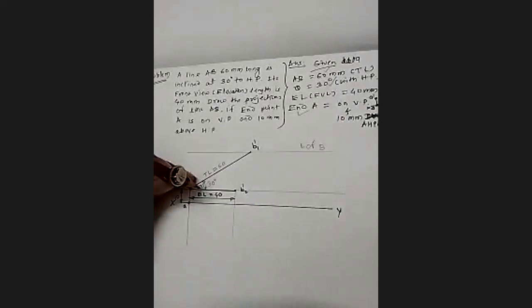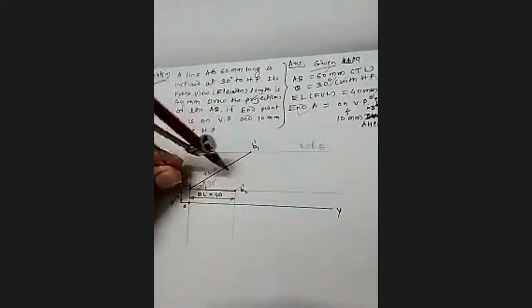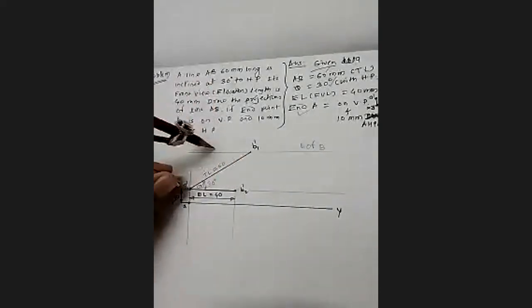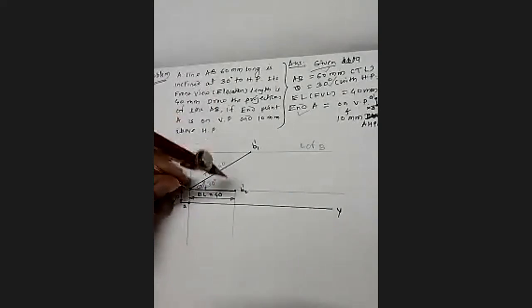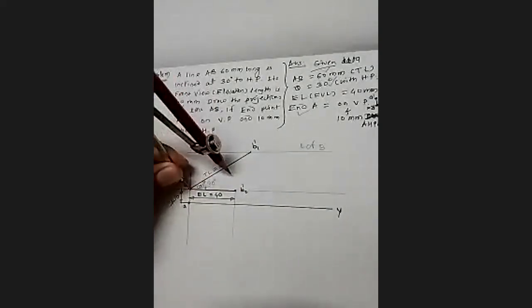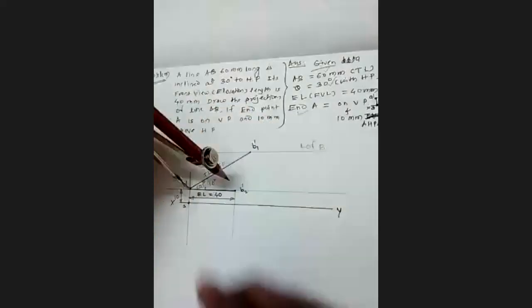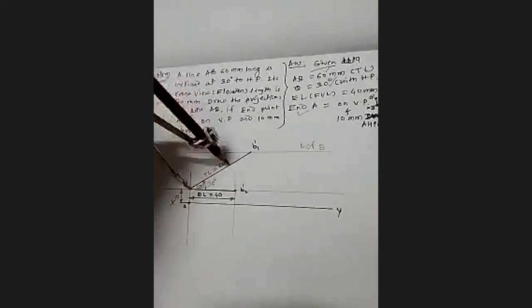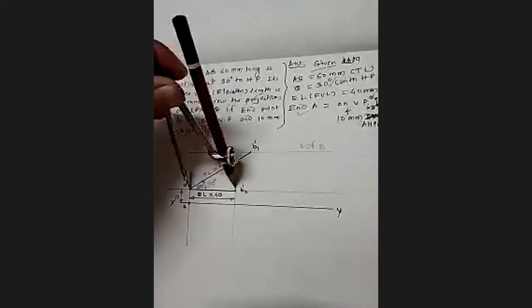Can we rotate this EL? Yes. Can you take this EL with an arc till it cuts the locus of B? Is it fine? Yes, sir. So we can take an arc.